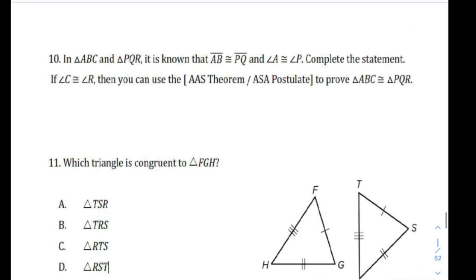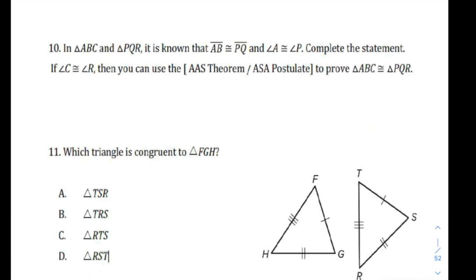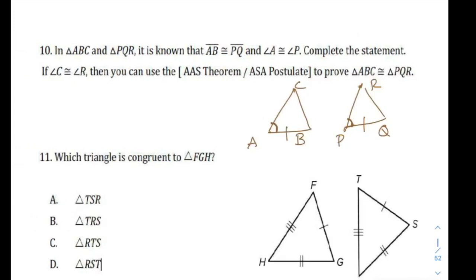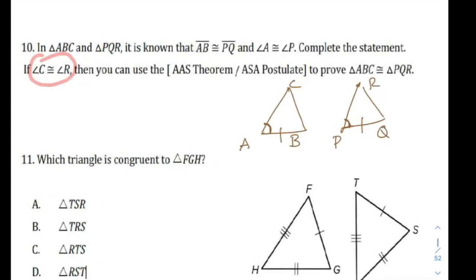In triangles ABC and PQR, it is known that, I will just draw ABC and the other triangle PQR, AB is congruent to PQ and angle A is congruent to angle P. Complete the statement: if angle C is congruent to angle R, then we can use AAS.